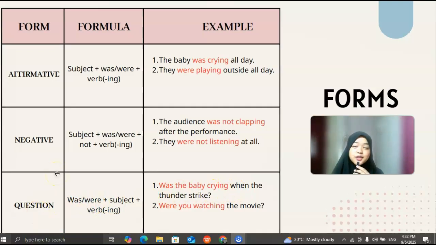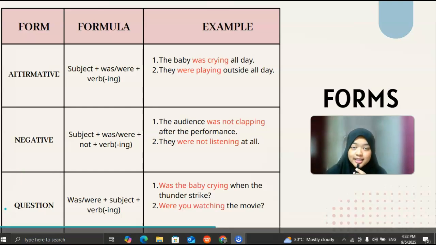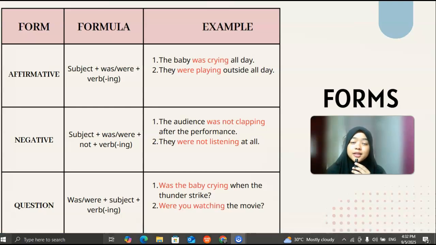Oh, and guys, I would like to add that the question form of past continuous tense must be used within the context of when you want to know, or when you want to ask, about something happening at a time. Okay, say for example, your friend recommended you a movie. And then while you were watching the movie, your friend called you.